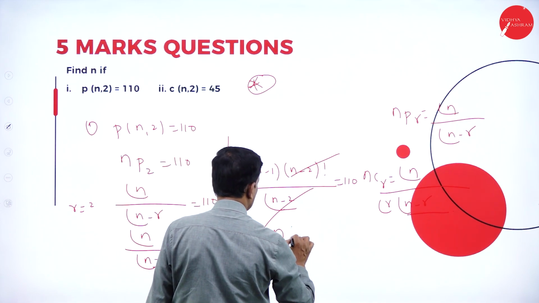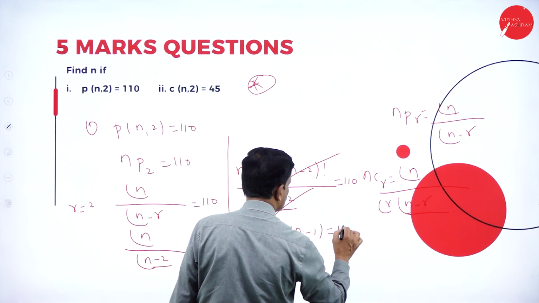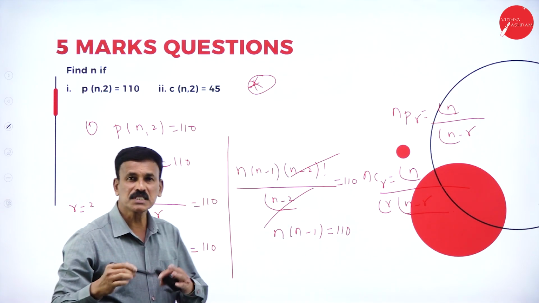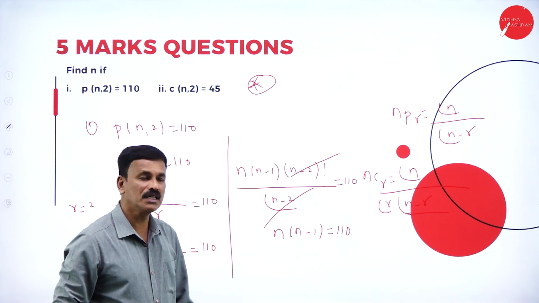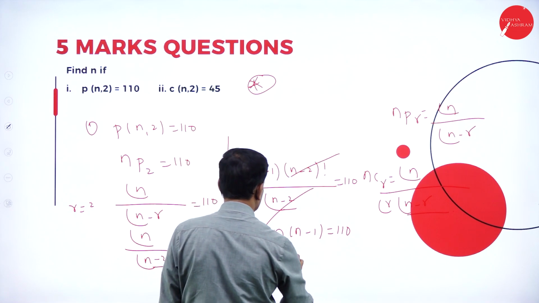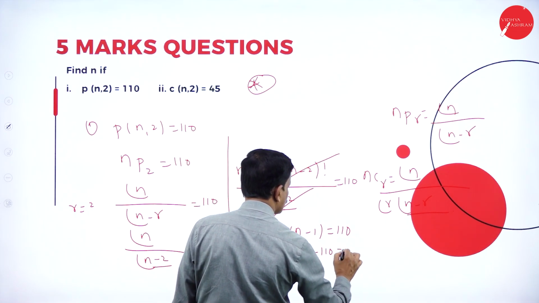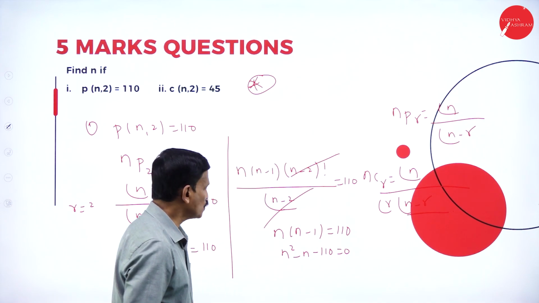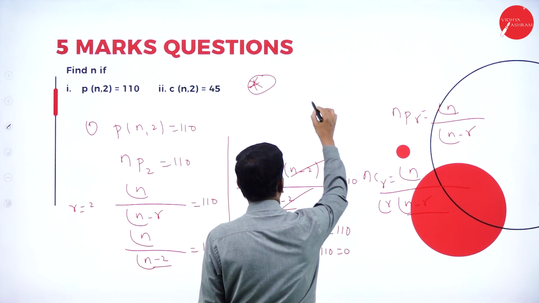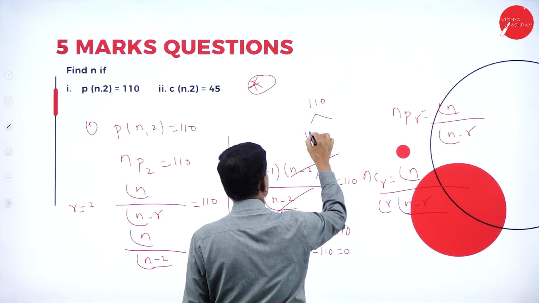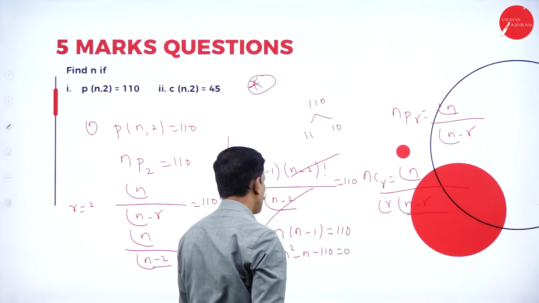You will get n into n minus 1 is equal to 110. Let me simplify. N into n is n square, so n square minus n minus 110 is equal to 0, a quadratic equation. This can be factorized as 110 is 11 into 10, 11 tens are 110.